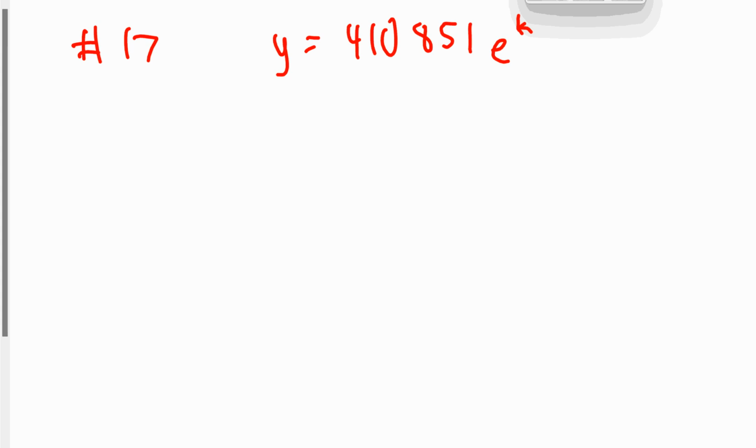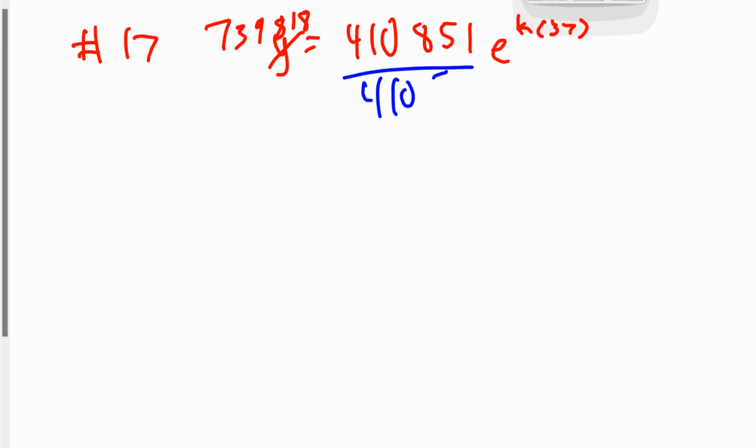And I want to find out in year 37, the population is 739,818. Okay, so then I'm just solving this equation for K, right?